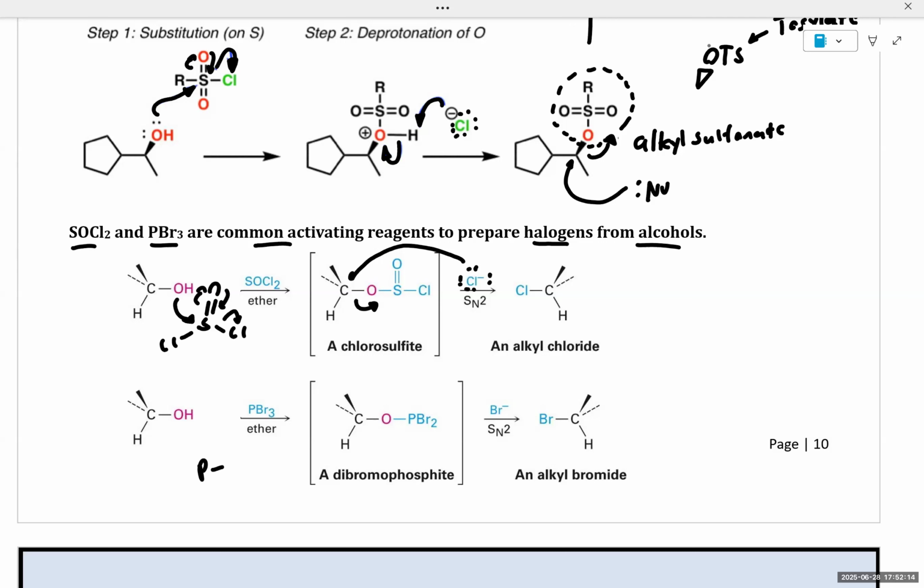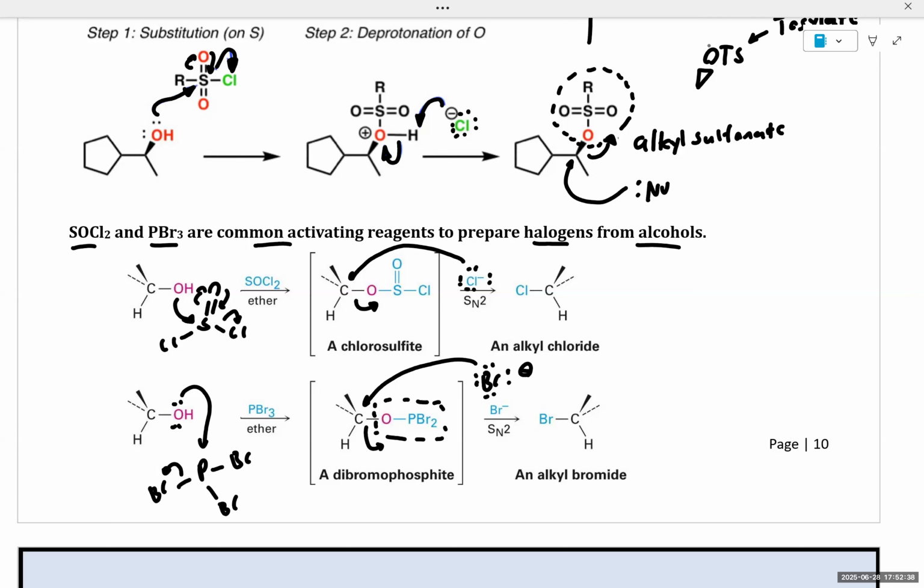Same thing happens with phosphorus tribromide. You end up with formation of an oxygen-phosphorus bond. Overall, this group is a great leaving group, and it can be readily displaced by your nucleophilic halide anion.